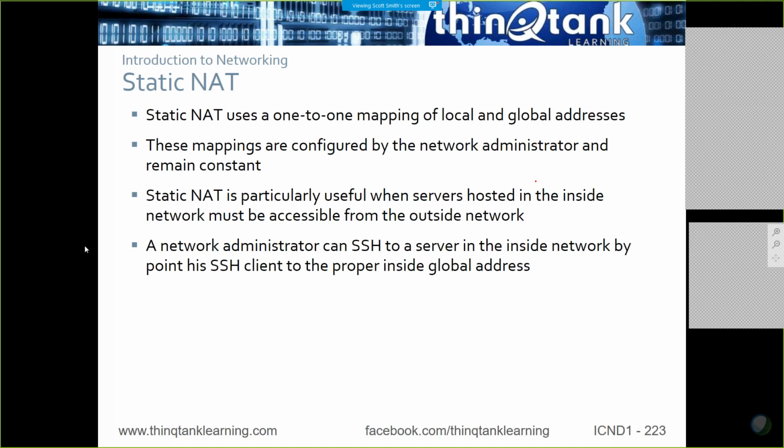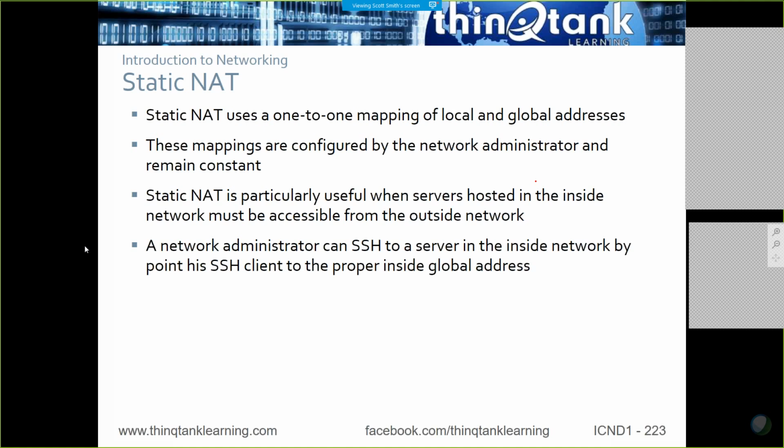Static NAT is particularly useful when you have servers inside your network that have to be accessible from the outside. And this is really the most common reason why you would implement static NAT. You might have a web server that you want customers to be able to access. You might have an FTP server that you want customers to be able to access from the outside.